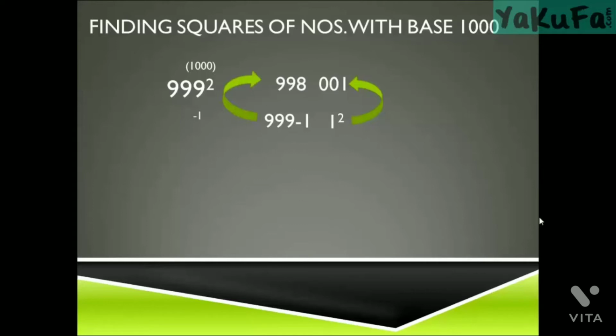So this is how you find the square of numbers with base 1000 when the value is less than 1000. Similarly for 10,000, 10 lakhs, millions, and so on.